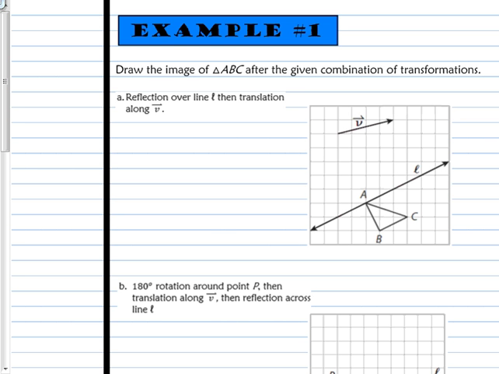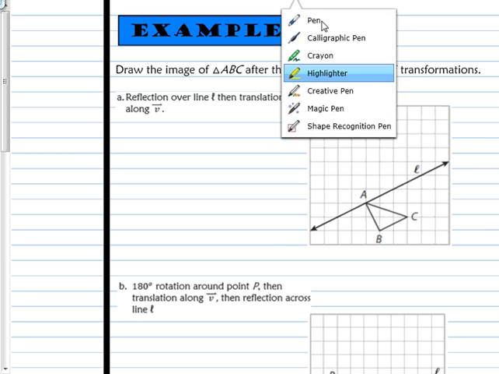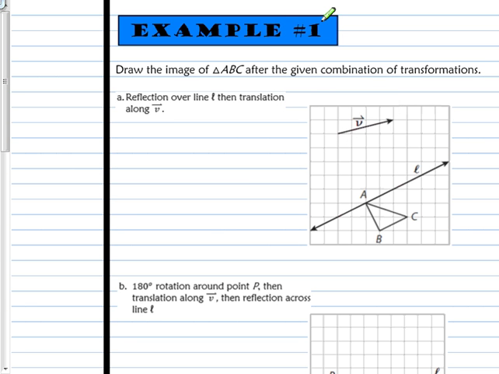But now we're going to be talking a little bit more about reflecting over a line that is not the X or Y axis. So what we need is we need to first see, I'm going to start with point A, because point A is already on the line of reflection, and I'm going to find the slope to see what the slope would be in order to land back on the line of reflection.